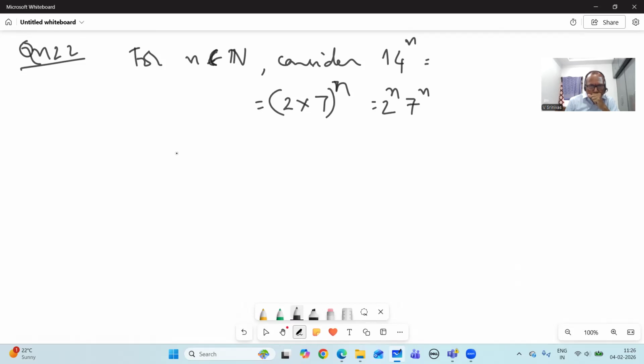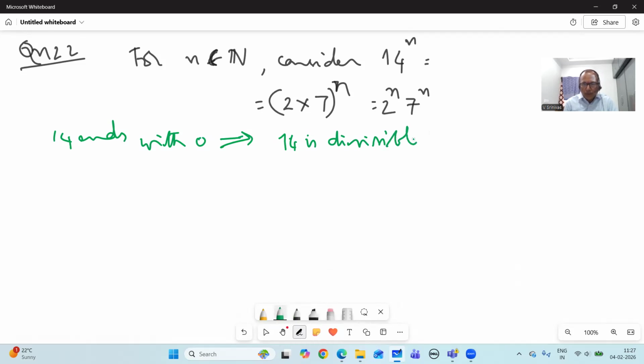Now, suppose 14 power n ends with 0. This implies 14 power n is divisible by 10.